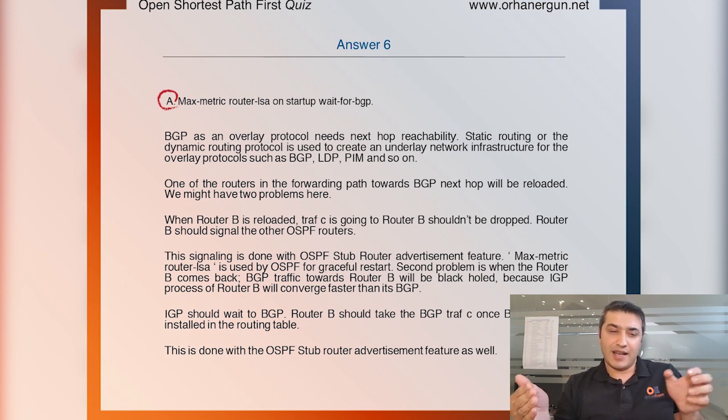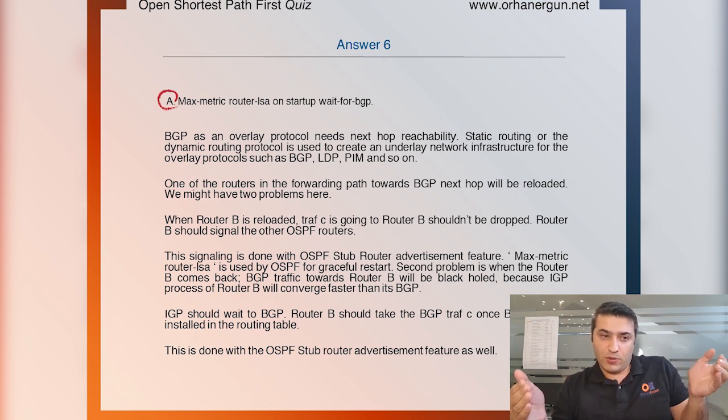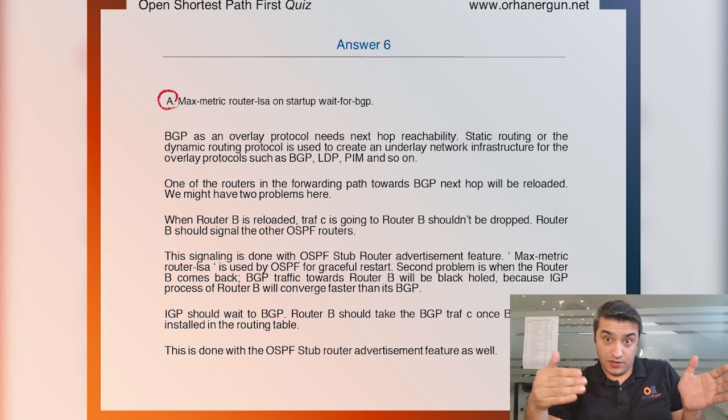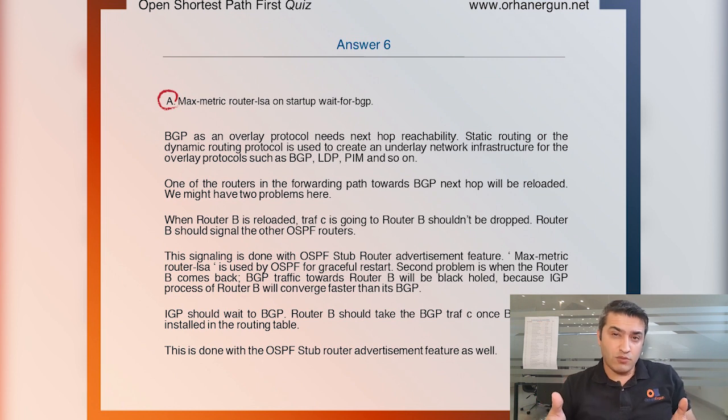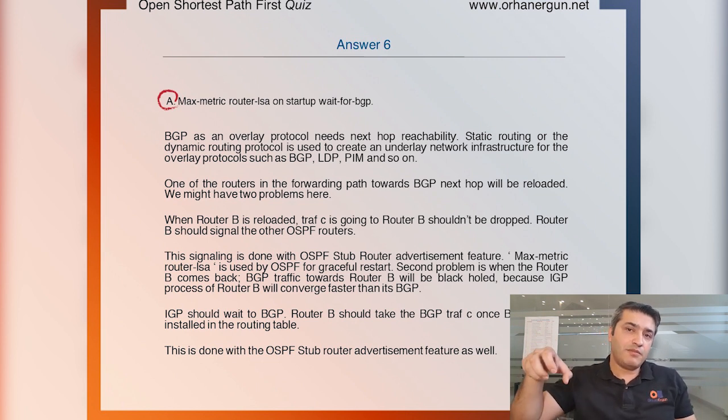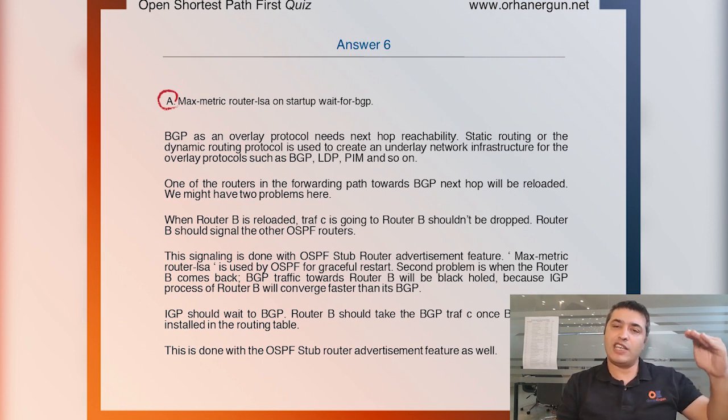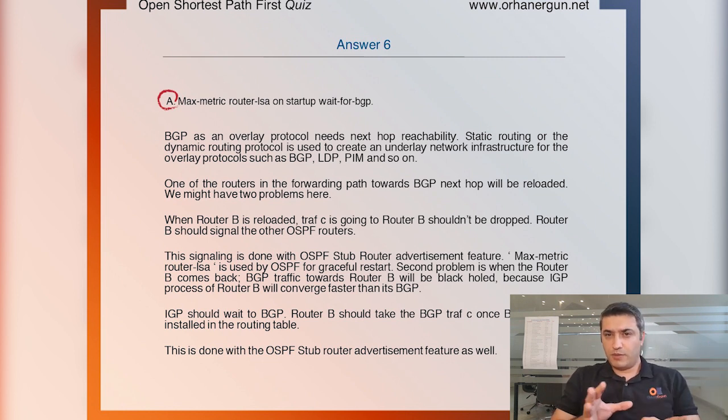But here, from the IGP point of view, router B shouldn't advertise with the regular metric, it should continue to advertise with the maximum metric even after the maintenance operation. Router B should advertise all the prefixes with the maximum metric. After BGP convergence finishes, router B should start advertising with the regular metric, and then we can still have ECMP. I call it IGP-BGP synchronization.